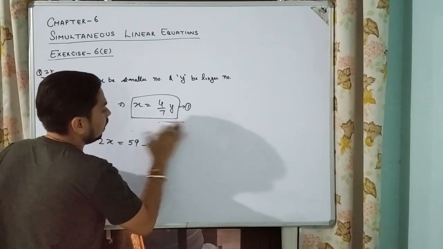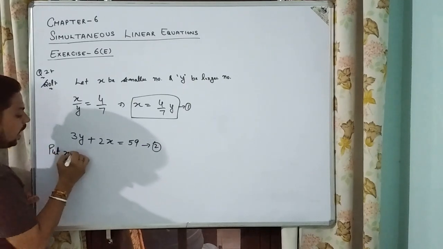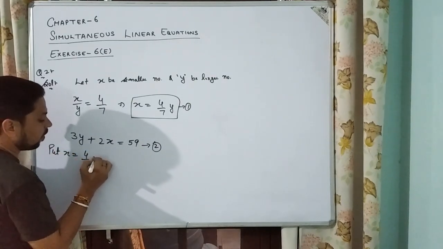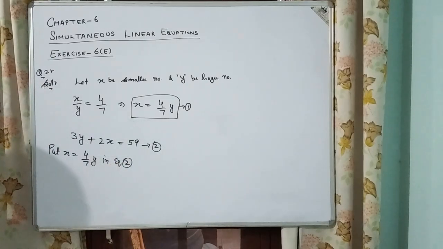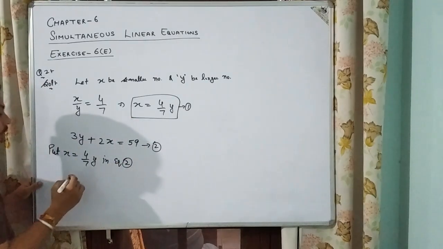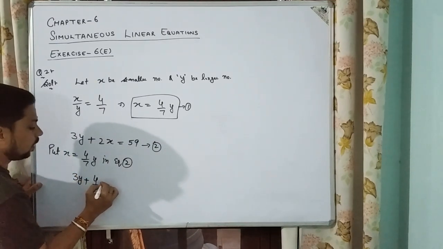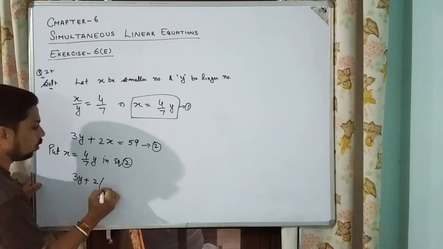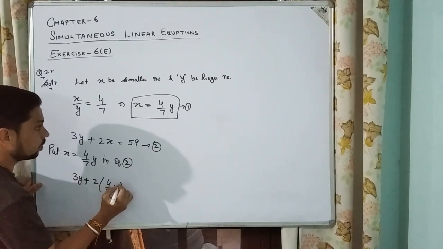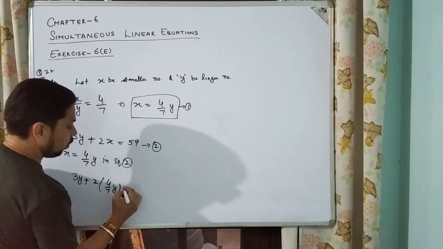So we'll put x is equal to 4 over 7y in equation 2 here. So what we will have, 3y plus 2 into 4 over 7y is equal to 59.